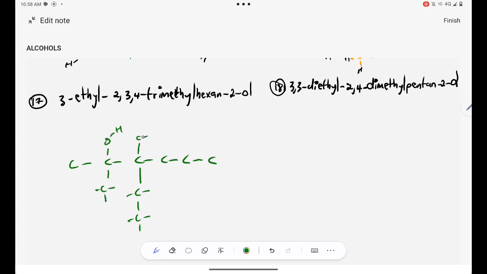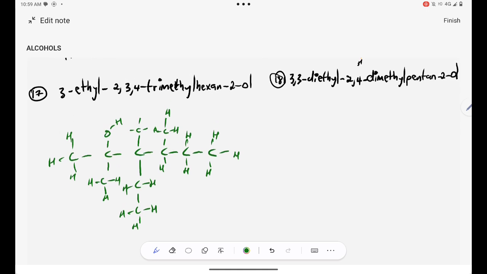Carbon number 3 also has a methyl, and carbon number 4 has a methyl as well. So that's how your structural formula should look, and obviously surrounded by hydrogens. Like that. This would be your alcohol over there. Oh, there are other hydrogens I didn't write.